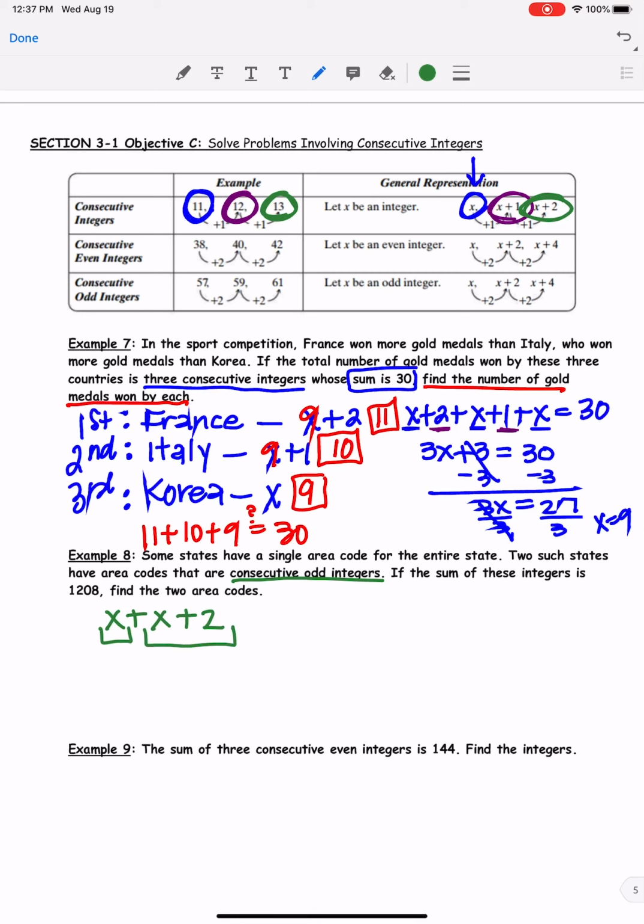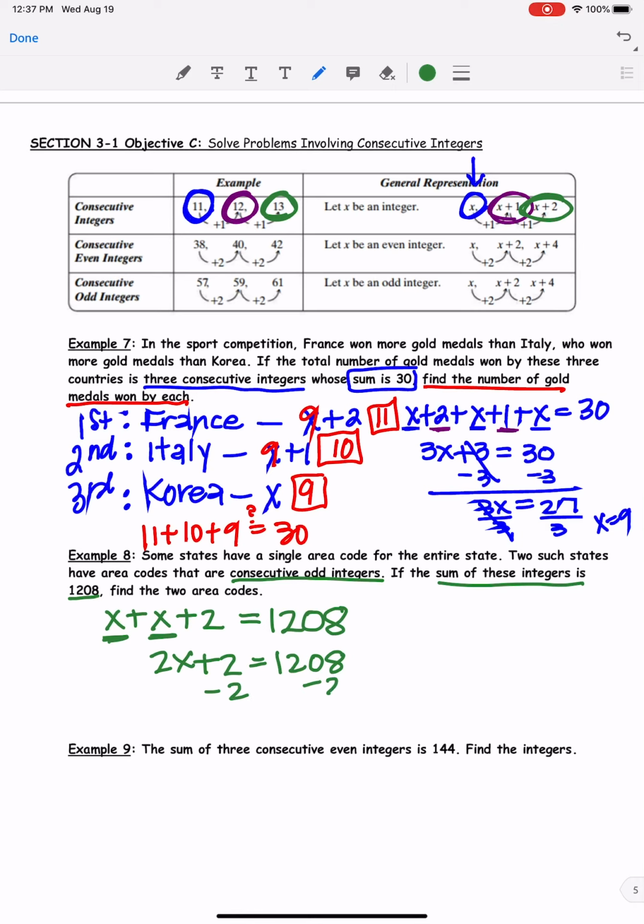That is my second one. And it says the sum of these integers is 1208. So solve. Combine your like terms. x plus x is 2x. Bring down that plus 2 since we haven't used it yet. And that equals 1208.